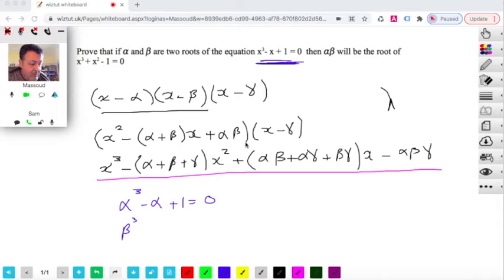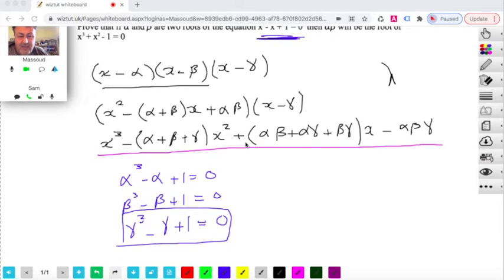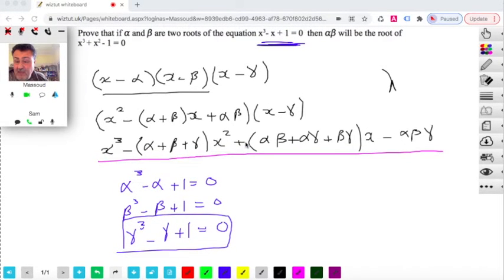Beta cubed minus beta plus 1 would result in 0, and gamma cubed minus gamma plus 1 will also be equal to 0. This is the one that I am going to use later on in my proof. So the question is asking, prove that alpha beta is a root of this cubic, meaning if I put alpha beta into there, I should get 0.